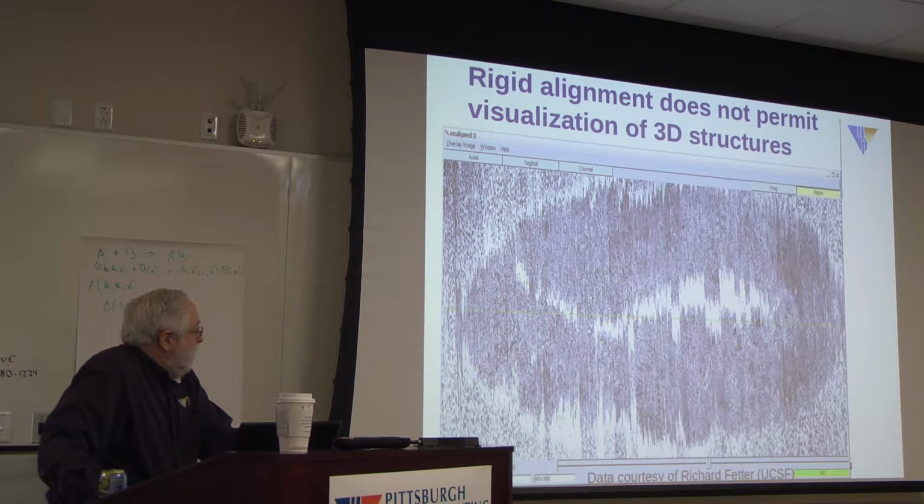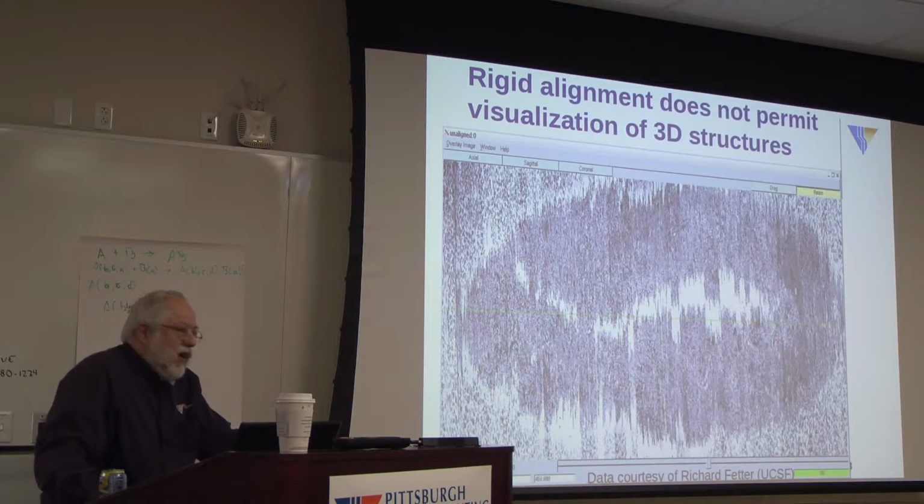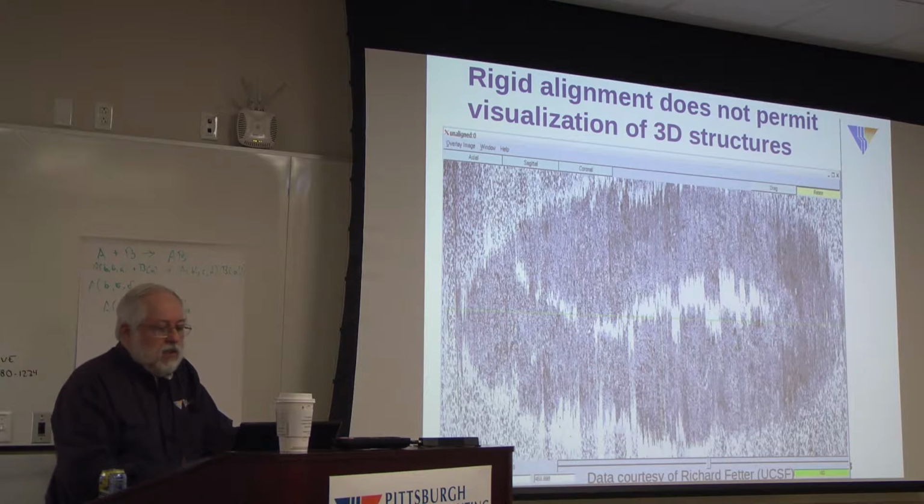Now, when we get this data, in this case, this is a C. elegans from a fellow named Rick Fetter, one of the world's best electron microscopists, and Greg aligned this particular data. This is a C. elegans still inside the egg. It's about 40 microns in width, I believe, and consists in this case of about 700 sections.